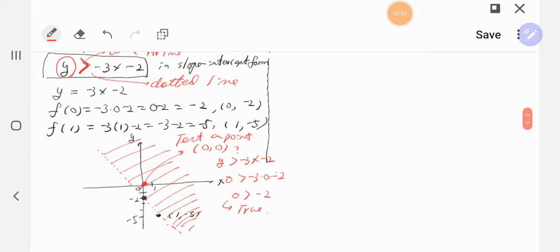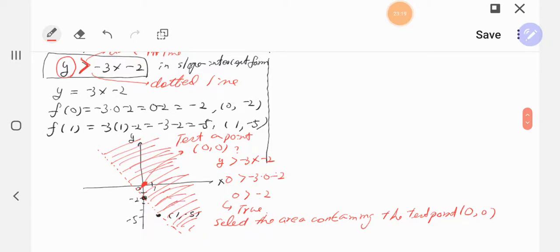So 0, 0 is a solution, so we will select the area containing the test point 0, 0. This is the solution area of the inequality.